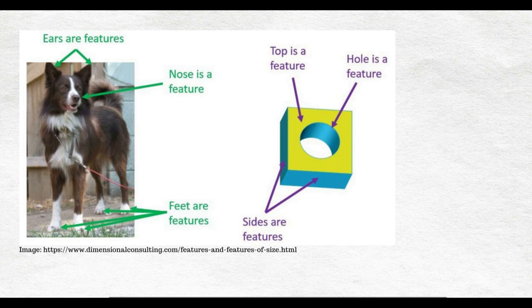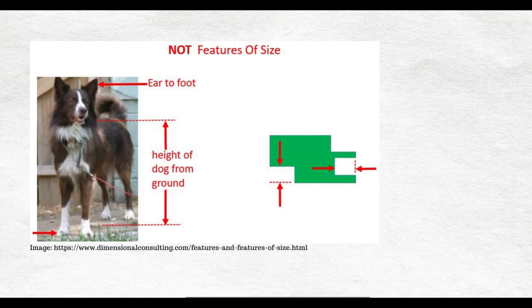There are two general types of features, those that have a built-in dimension of size and those that don't. Non-size features. A non-size feature is a surface having no unique size like diameter or width dimension to measure.